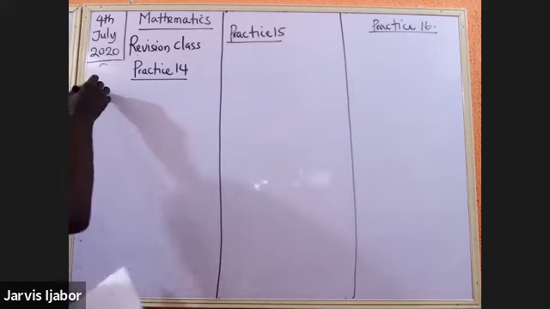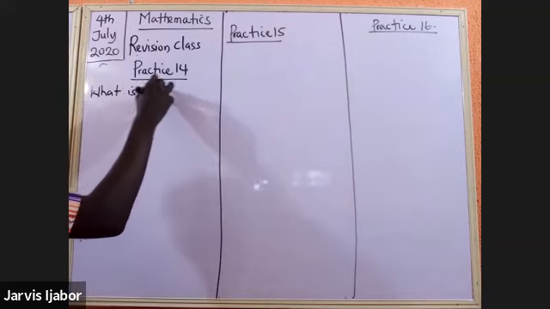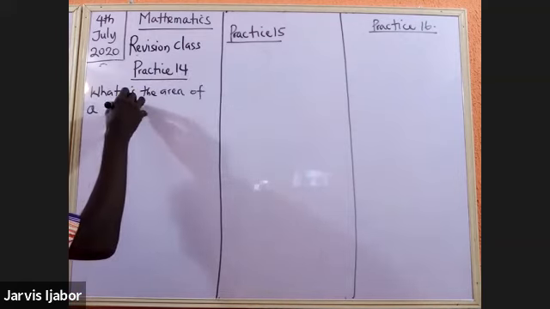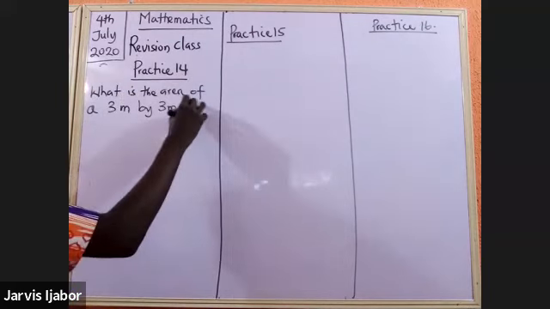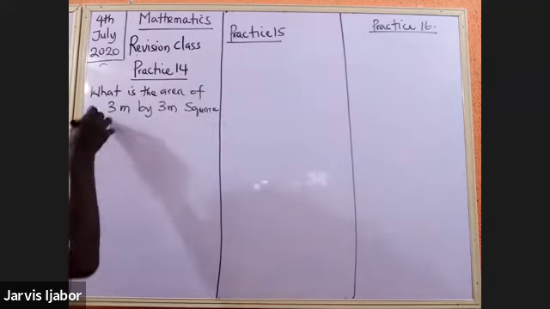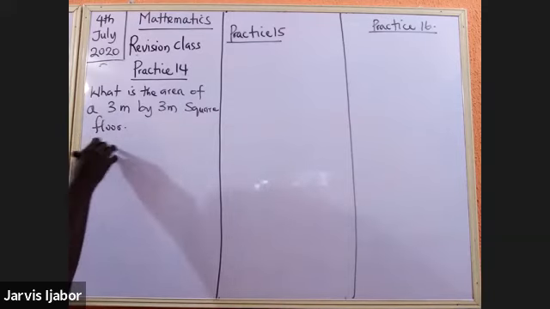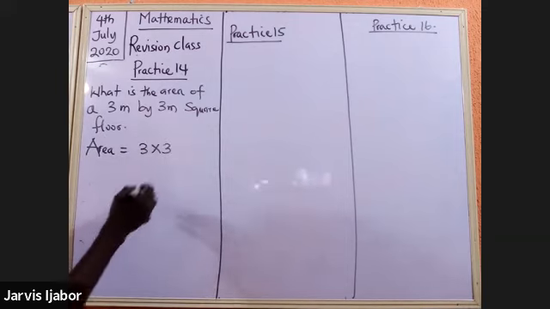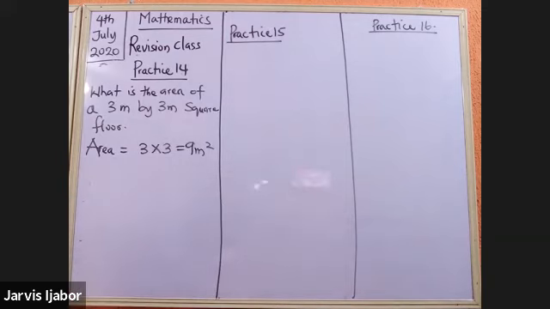So what is the area of a 3 meters by 3 meters square floor? So what it means is that area will be equal to 3 times 3. And what is that? 9 meters square. Settle. That's a very straightforward question.